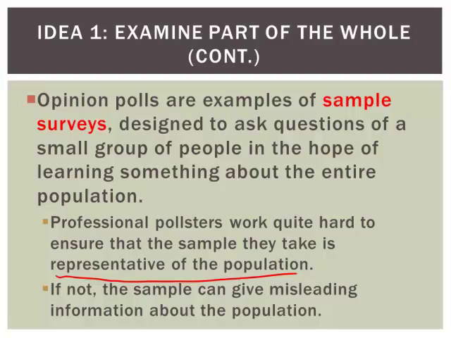More people who were going to vote for the Republican candidate were wealthy, and they're the ones that had phones. People that were going to vote for the Democratic candidate were not sampled. They were underrepresented in the sample. And so the professional pollsters work very hard that everybody that can possibly vote, or everybody that's involved in the process, is actually in the sample.